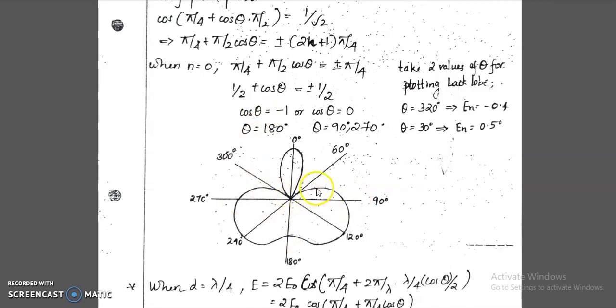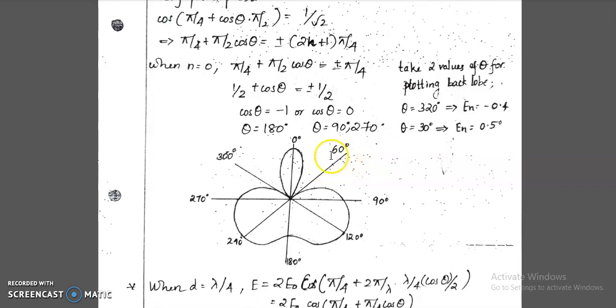So you will get a figure like this one. But when we check this figure, it is clear that in between 300 and 60, in this range, we didn't have any radiation pattern. But actually there is a radiation pattern. In order to find that radiation pattern, we assume some points in between these angles.